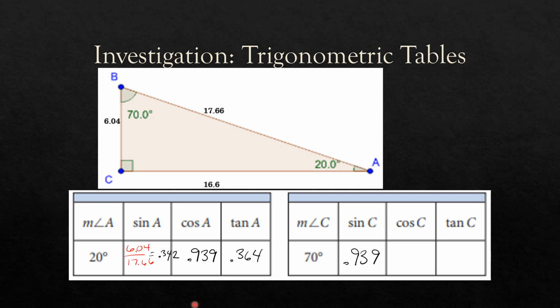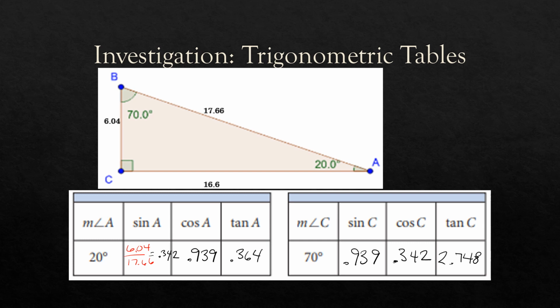And then cosine would be adjacent over hypotenuse. So 0.342. My tangent is now opposite 16.6 over 6.04. So that is 2.748.